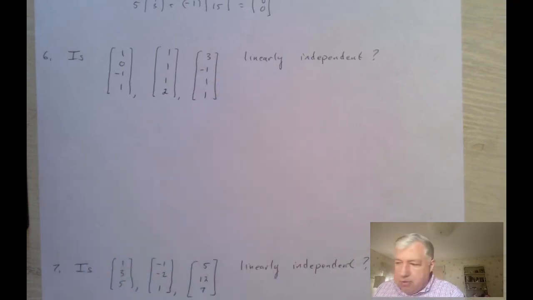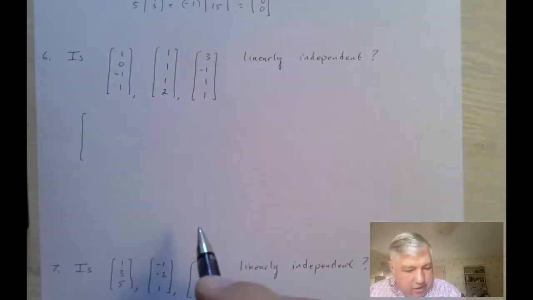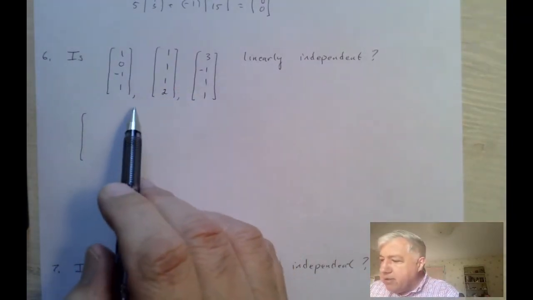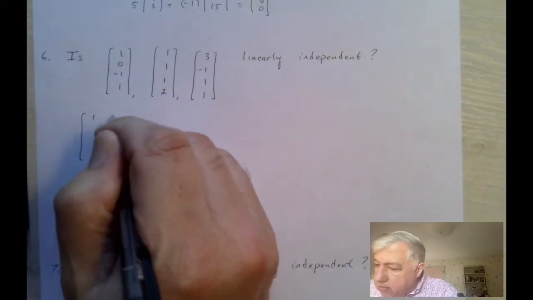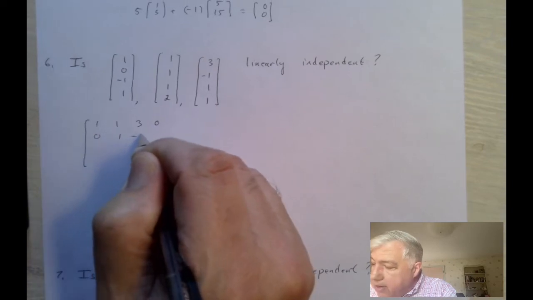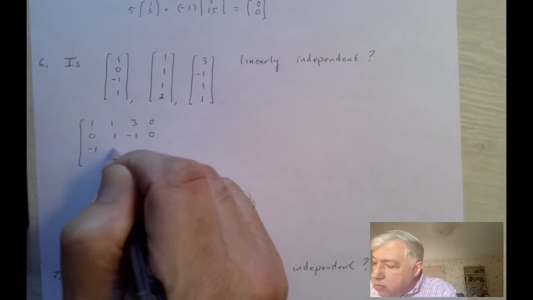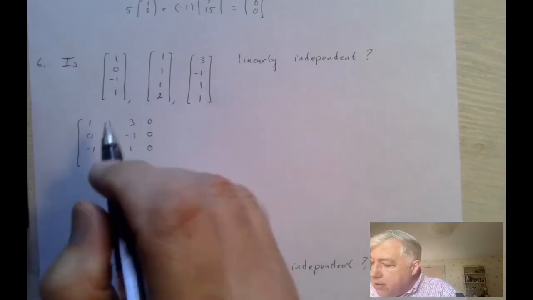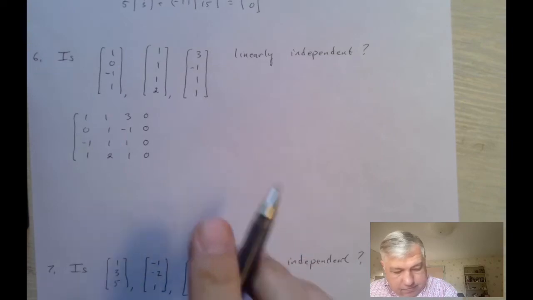That corresponds to a system, and that system corresponds to the augmented matrix. So we can go directly to this and say, let's say we have 1, 1, 3, 0; 0, 1, negative 1, 0; negative 1, 1, 1, 0; and 1, 2, 1, 0.